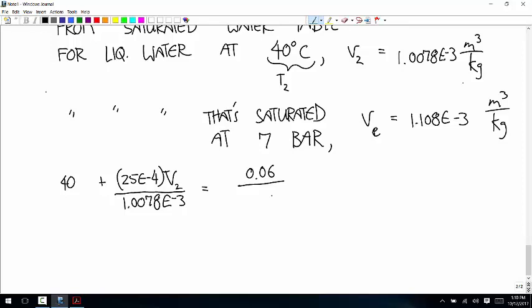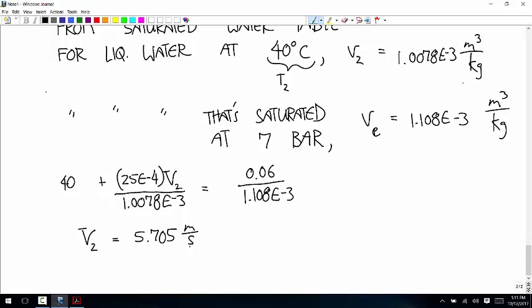Okay, so 0.06 divided by 1.108 times 10 to the minus third. Now we have one variable, one equation, and so V2 is equal to 5.705 meters per second. So at that inlet, the liquid's coming in at, like, 12 miles an hour or something.